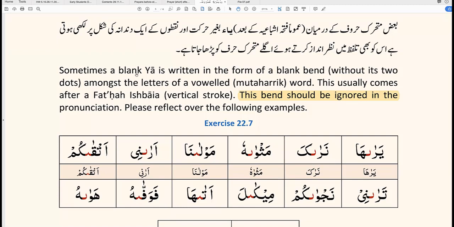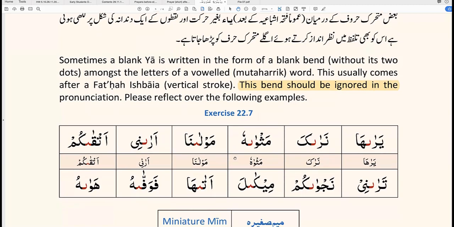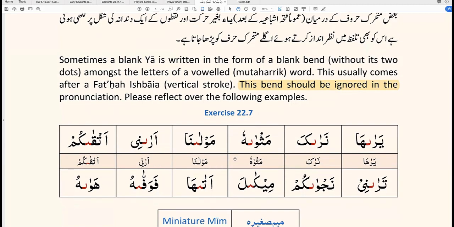Yeah, I was asking because I was born in England. Okay, yeah. So you weren't born in the Arab countries, and Arabic isn't your native language. And the vast majority of Muslims aren't Arabic.